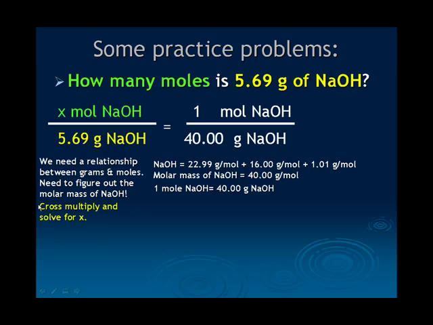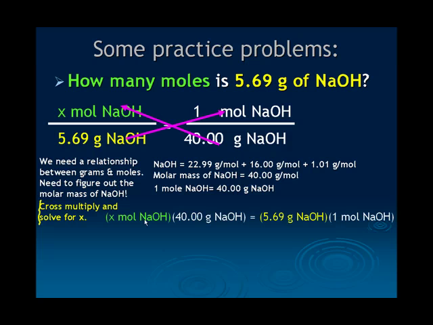At this point, you're going to cross multiply and solve for X. We want to get X by itself, and we do that by cross multiplying to get rid of the denominator. When we write it all out, we have X moles times 40 grams equals 5.69 grams times 1 mole. We want X by itself, so we need to divide by 40 grams.